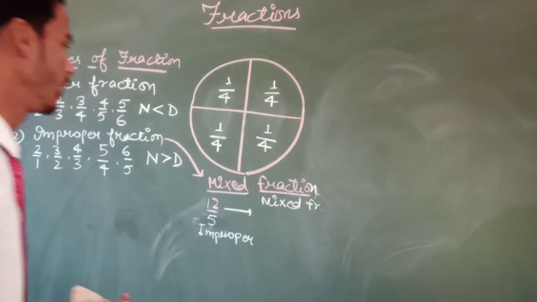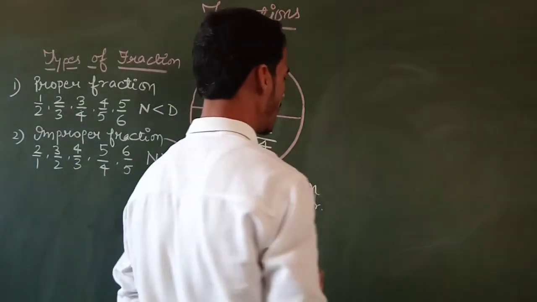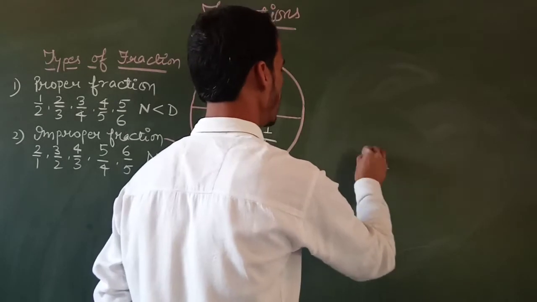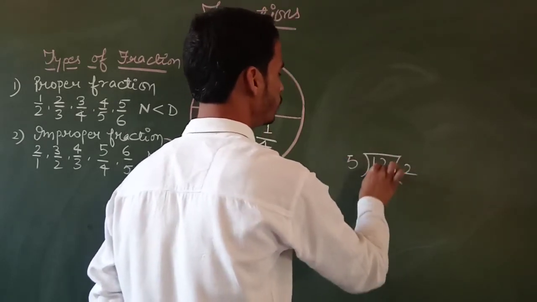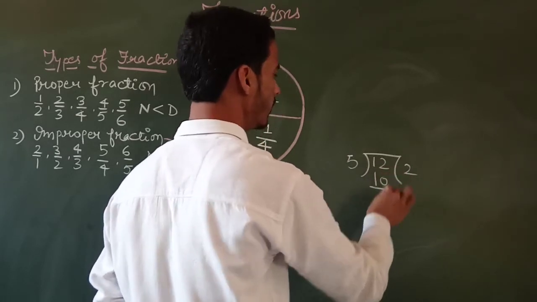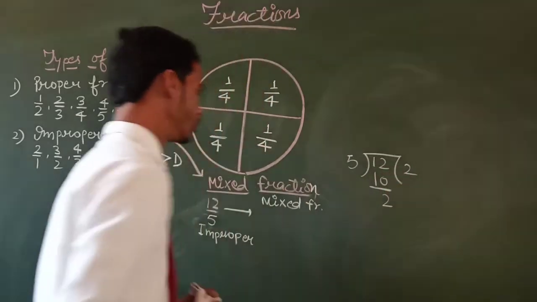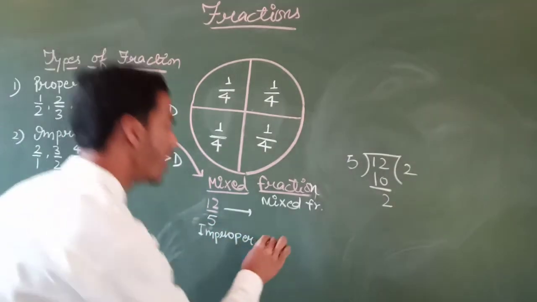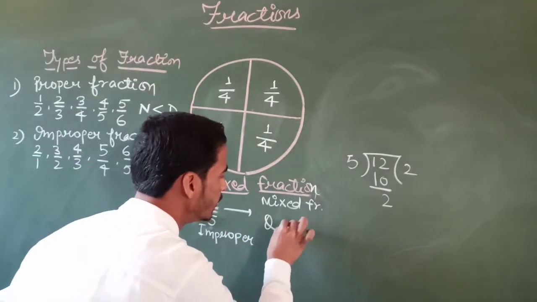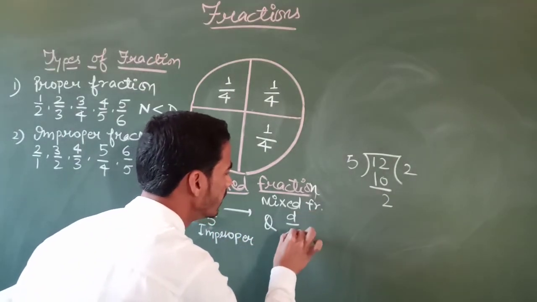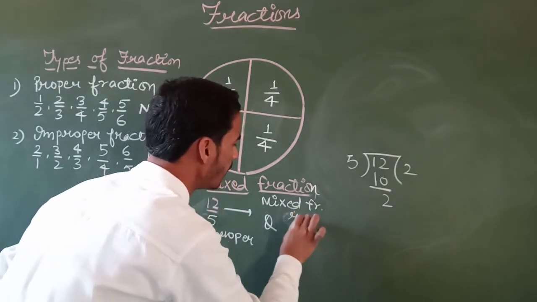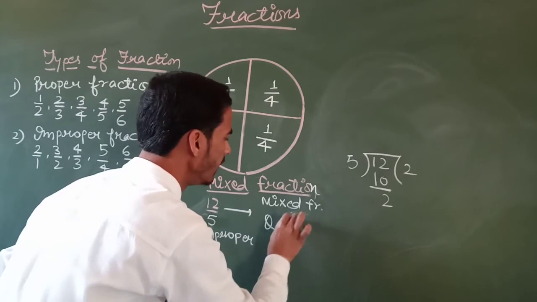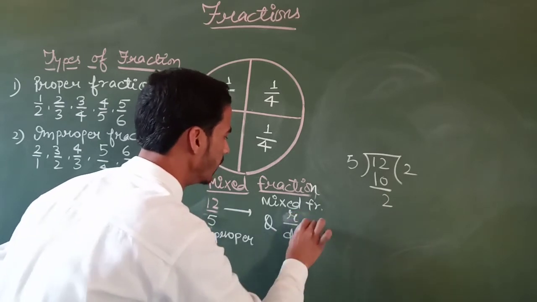For converting, we have to divide 12 by 5. 5 twos are 10, and there is remainder 2. So we have to write in the form of q whole r upon d.